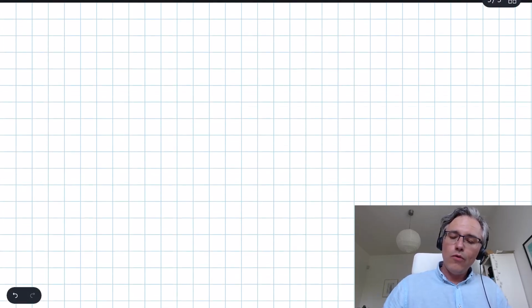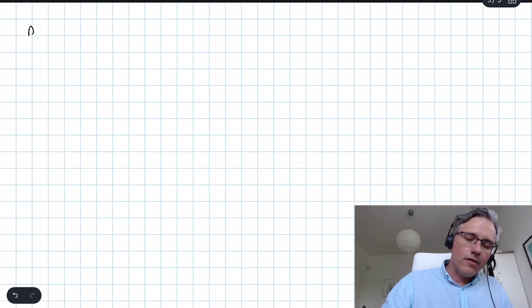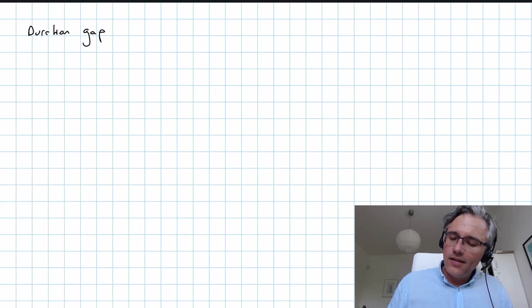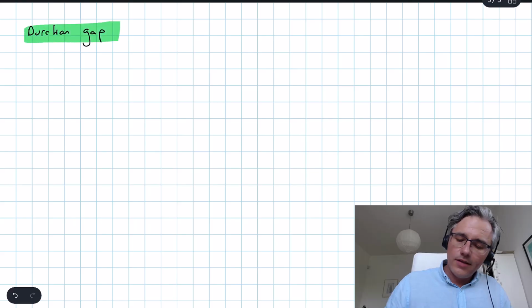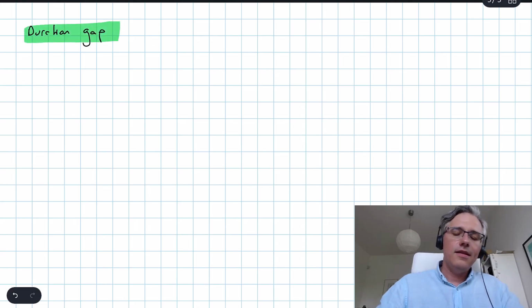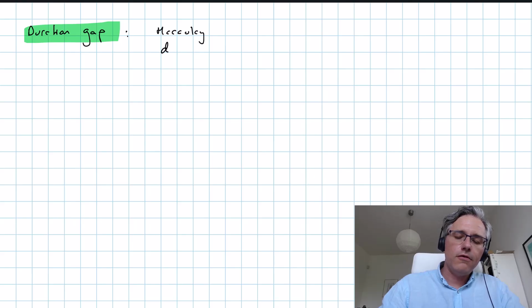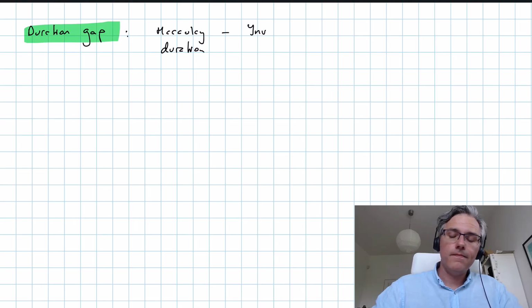Now, one more thing that you need to know, the so-called duration gap. It comes at the end, but it's nevertheless very, very important. This is the difference between Macaulay duration for an investment and the investment horizon.